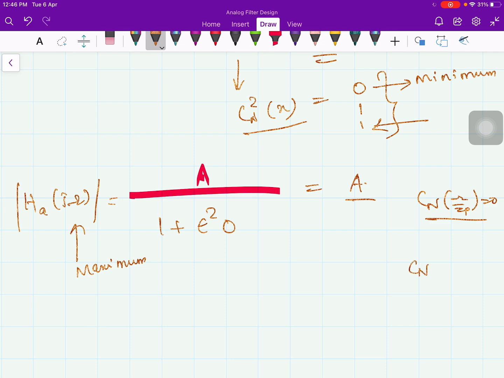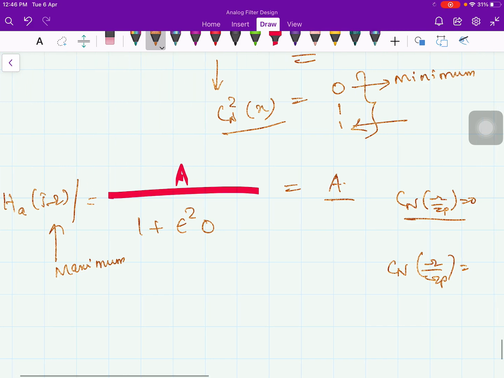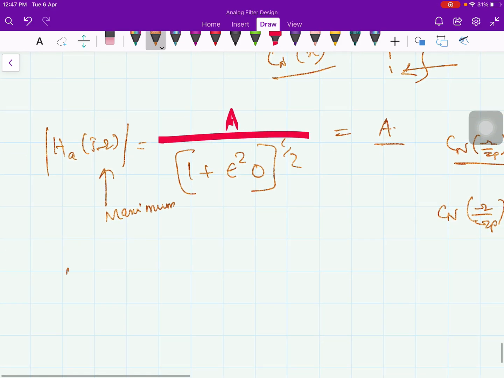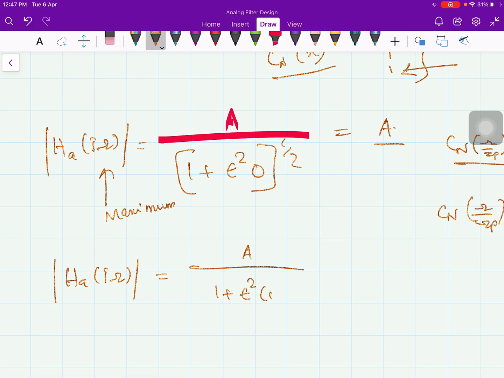Now when Cn squared of omega by omega p is equal to, let's say, 1, maximum value, then in this case the magnitude of HA of j omega is A divided by 1 plus epsilon squared times 1 to the power 1 by 2. So this is A divided by square root of 1 plus epsilon squared.